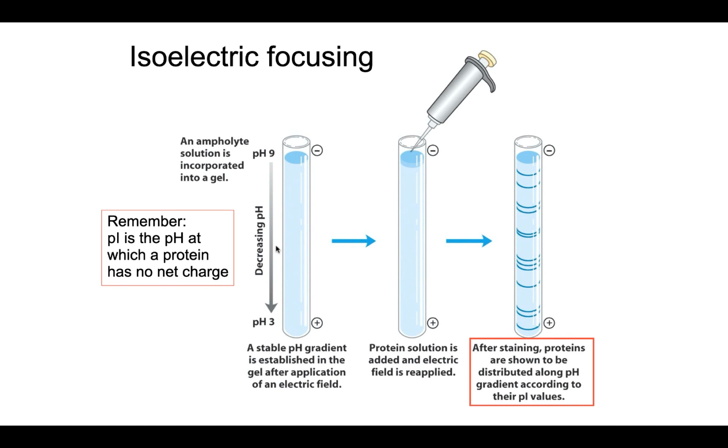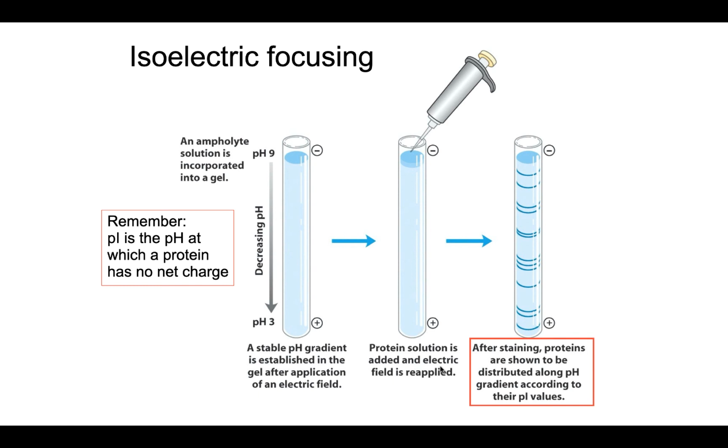So we take a gel and put a pH gradient in it. Up here we have a very high pH, and down here we have a very low pH. Then we take our protein that we haven't treated with SDS, right? This is completely different from the SDS-PAGE gel. We put that sample of protein in there and we run a current through it.